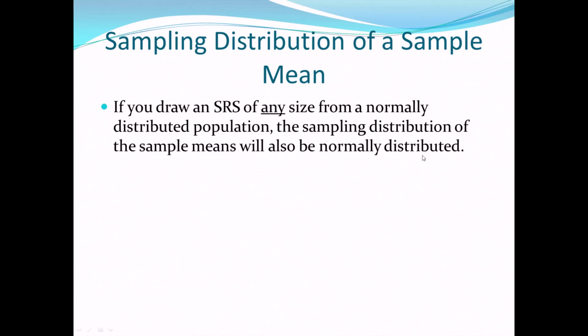What this is saying is if they report to you your original population distribution is normal, you are good to go, whether you're doing population standard normal calculations or the same thing with sampling distributions. Normal populations create normally distributed sampling distributions for sample means. So if you see they tell you things are normal, that's good.